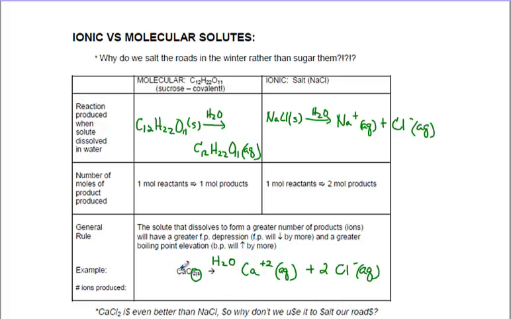So if we look, we have 1 mole of reactant and this produces 1, 2, 3 moles of ions. Or you could say 3 ions are produced.